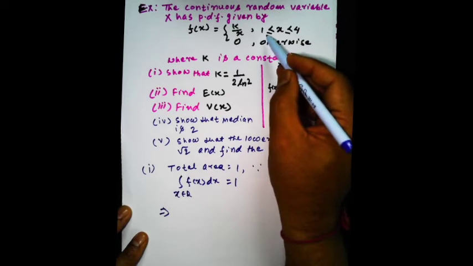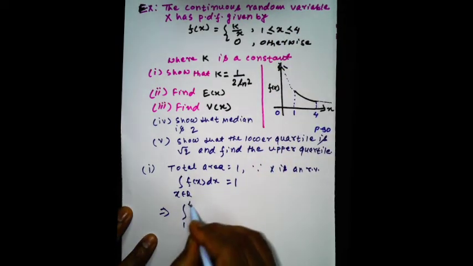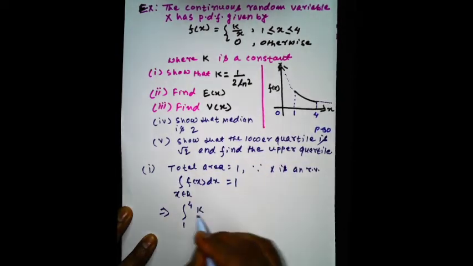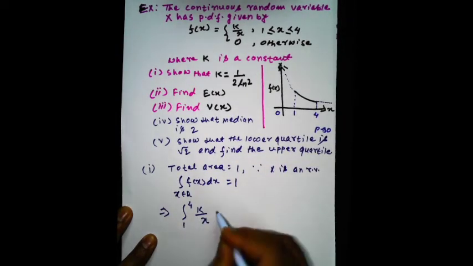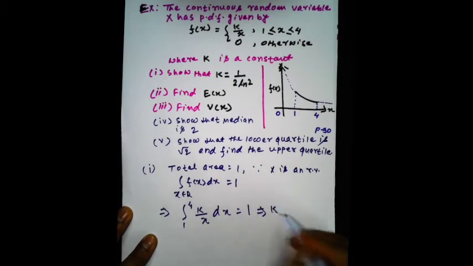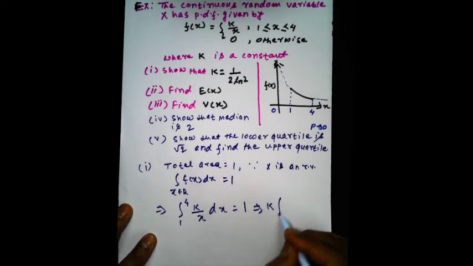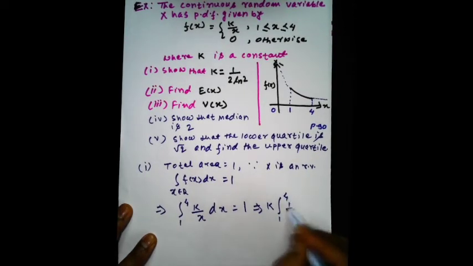For x belongs to R, our range of values for x is from 1 to 4, and f(x) is k over x, then dx equals 1. And after this, k is constant, so you take it outside of the integral sign, and then it is the integral from 1 to 4 of 1 by x dx equals 1.